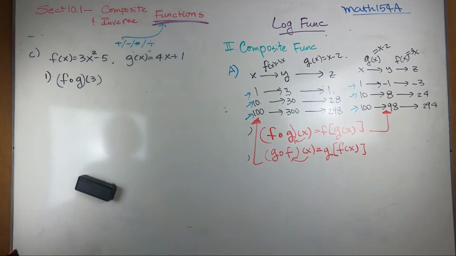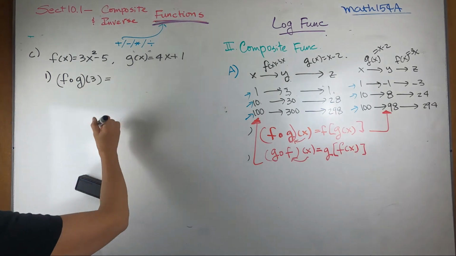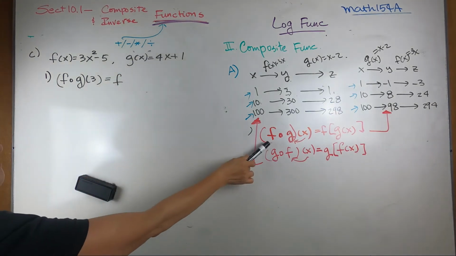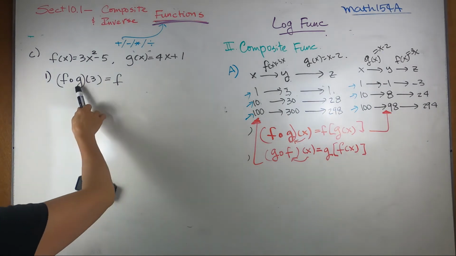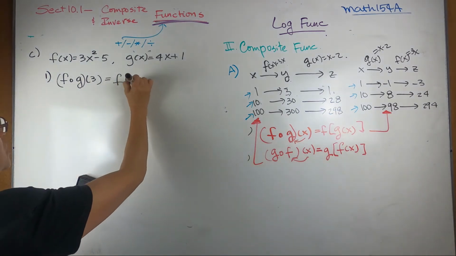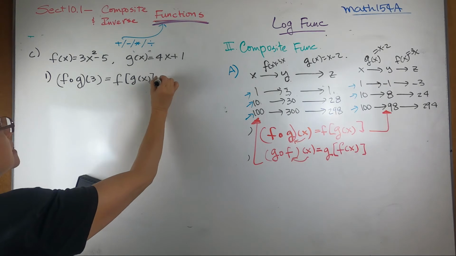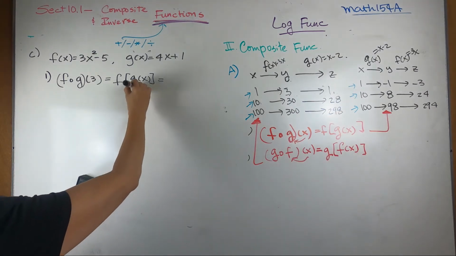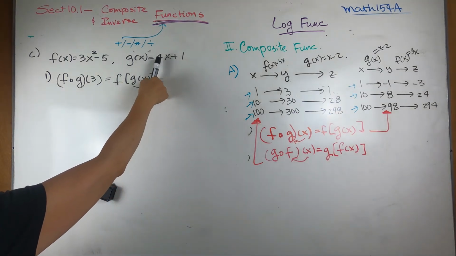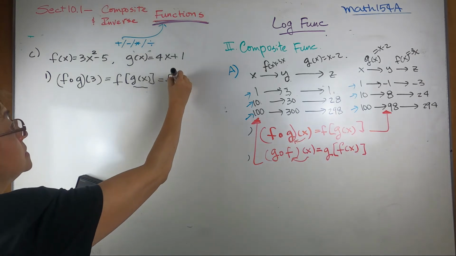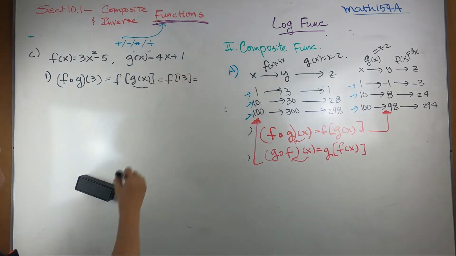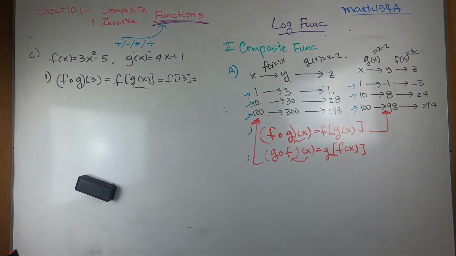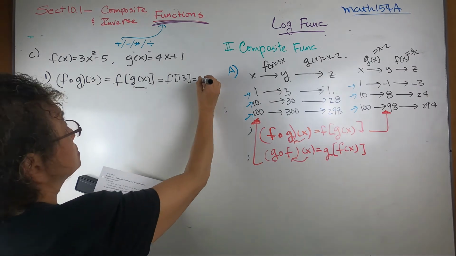So let's see. First, you just follow this. We do g first. So you change the symbol like this, so you can plug in. Okay? So g of x first: 3 times 4 plus 1 is 13, right? Then you plug 13 into here, you get 502.